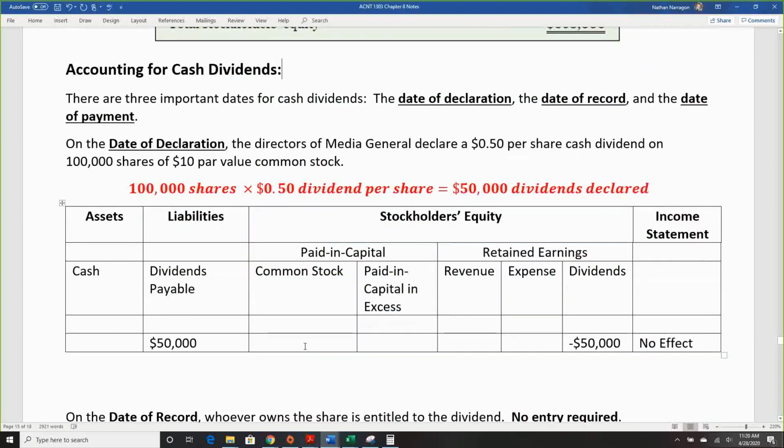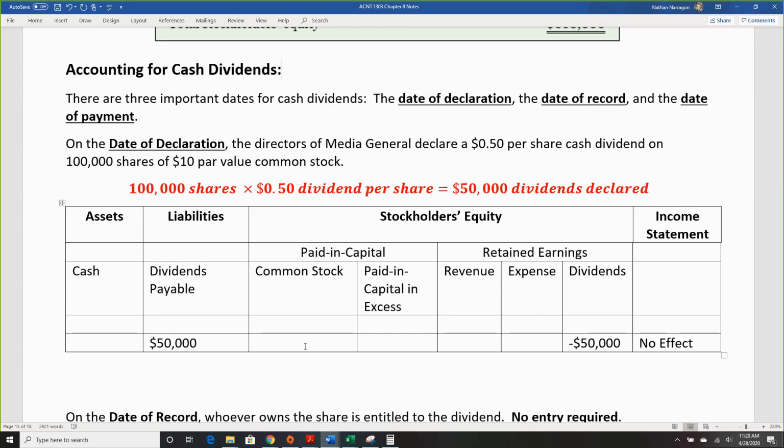So, accounting for dividends. Dividends is now changed. And with dividends, we have to take into account 3 important dates. First off is the date of declaration, the date of record, and the date of payment.